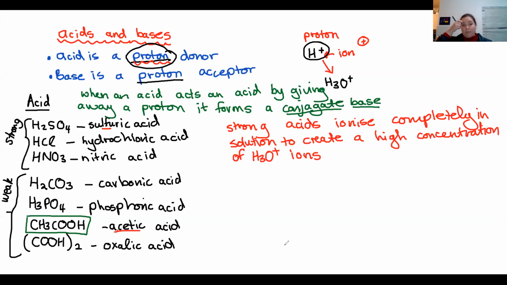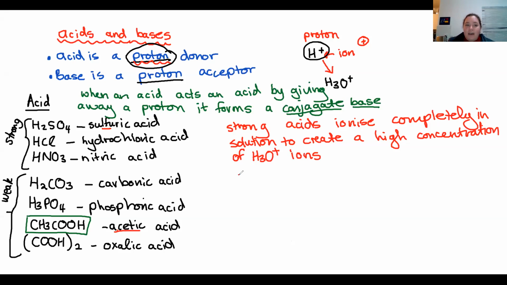So what that means is if you've got a strong acid, when it gets put in water, it will immediately give away its protons. We don't even have to technically say when it gets put in water. As soon as it has an opportunity to lose those protons, it will lose them.